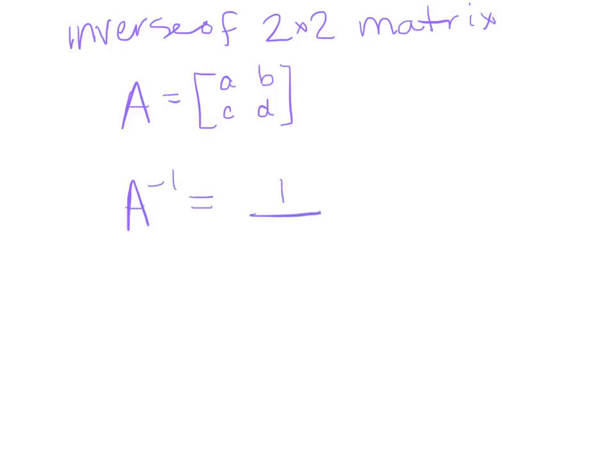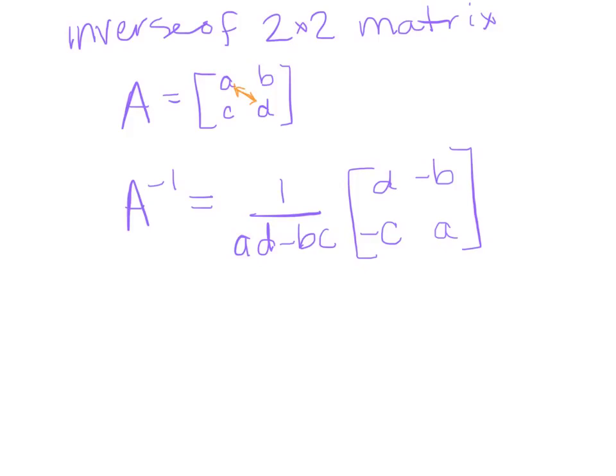You do 1 over ad minus bc times the matrix. What you do is it's d and a. So let me just show that. These two terms right here have just switched places. And then the other two terms pick up a negative sign, so minus b and minus c.